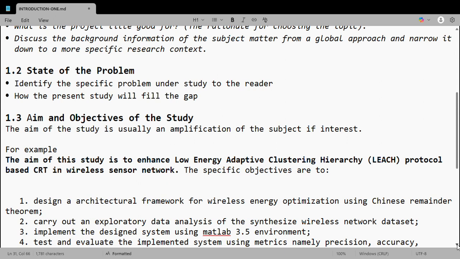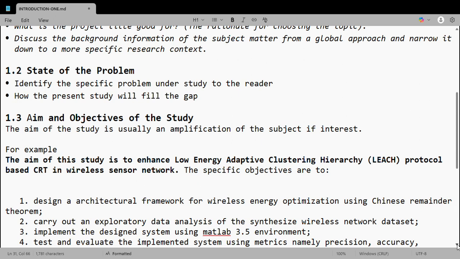One, it is always good to come up with a framework different from what others have done. Secondly, you carry out an exploratory data analysis. Third, you implement the designed system. And fourth, you test and evaluate the implemented system.